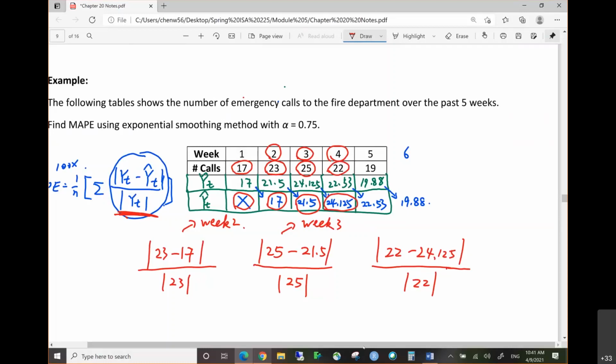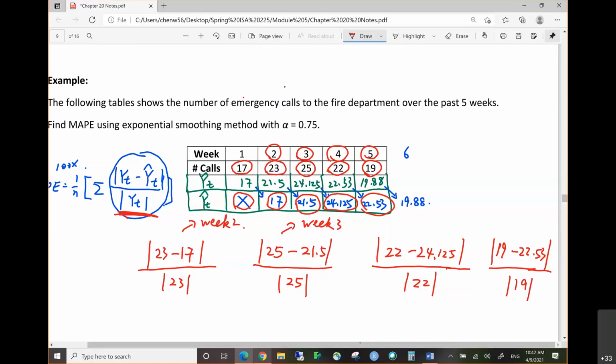Next, week 5, we have the observed value 19 minus the predicted 22.53, divided by the observed, which is 19. Here we take the absolute value, which means we want every term to be positive.